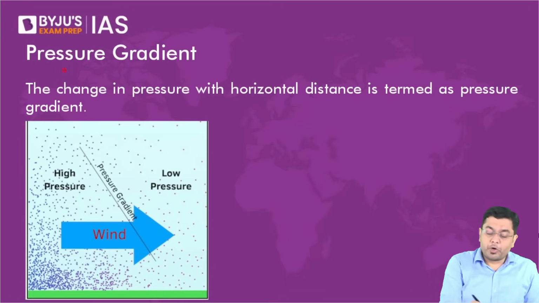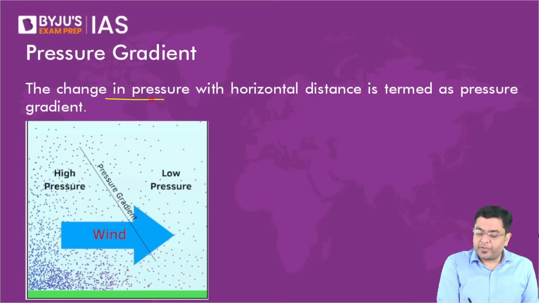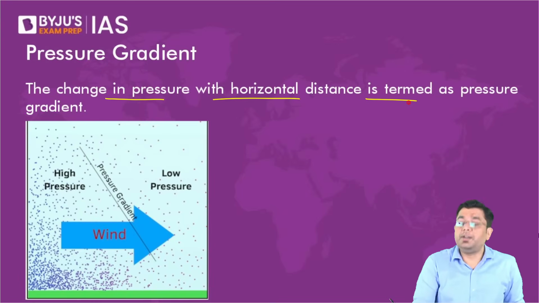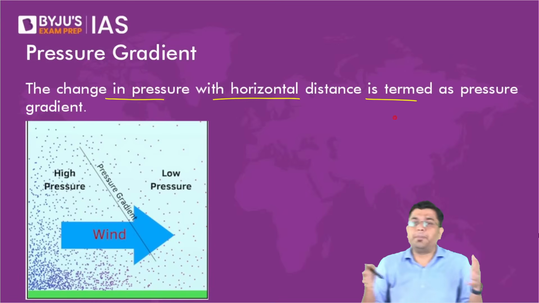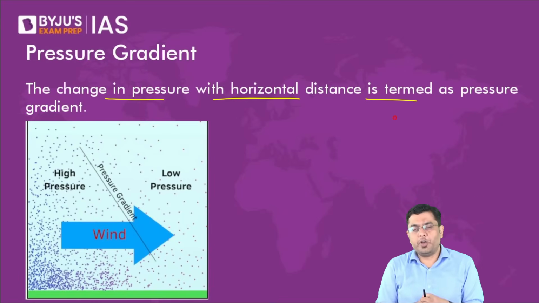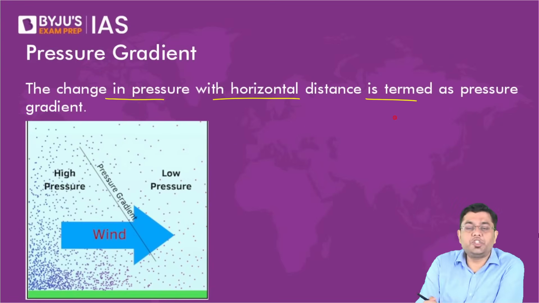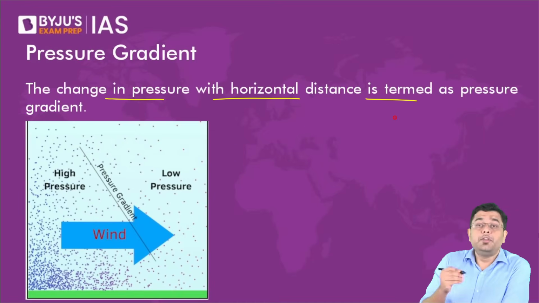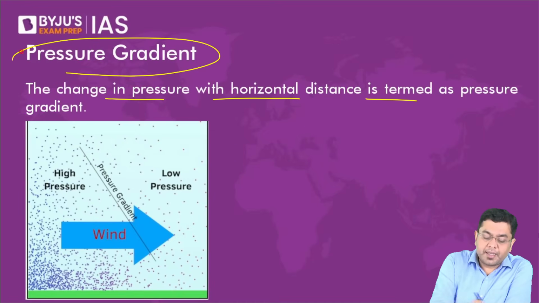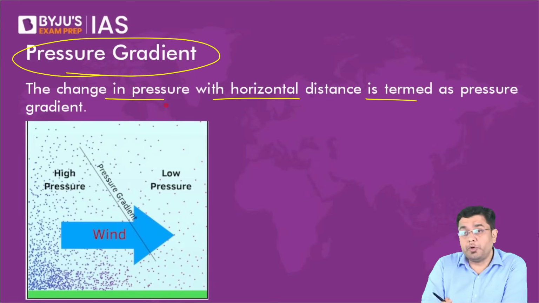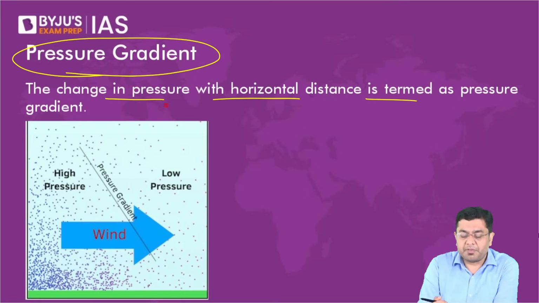When we talk about the pressure gradient of any particular region, it always indicates the change in pressure with horizontal distance. The pressure can change very significantly and acutely, or very gradually and slowly. The pressure gradient is an important factor contributing to wind direction, something we'll see later on.